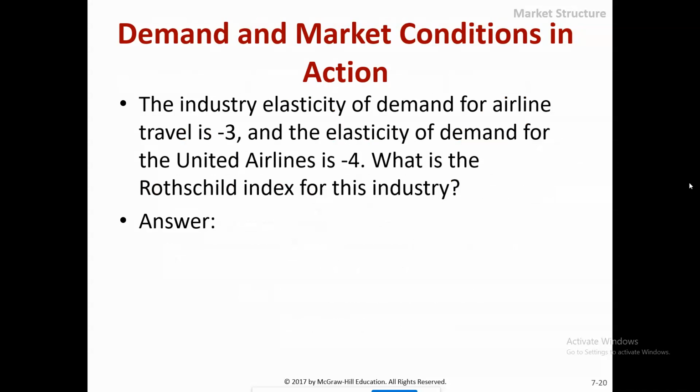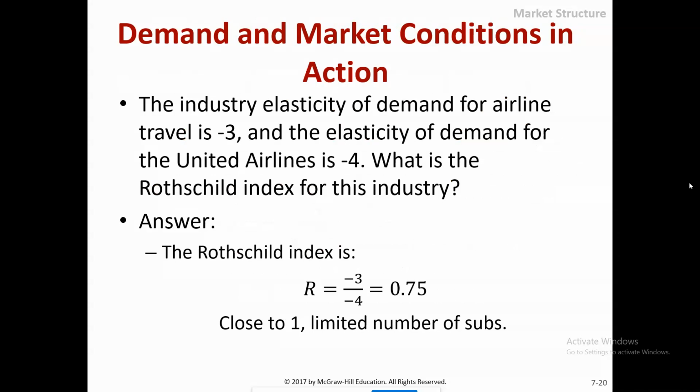Here's an example. It says the industry elasticity of demand for airline travel is -3, and elasticity of demand for United Airlines is -4. What is the Rothschild index for this industry?